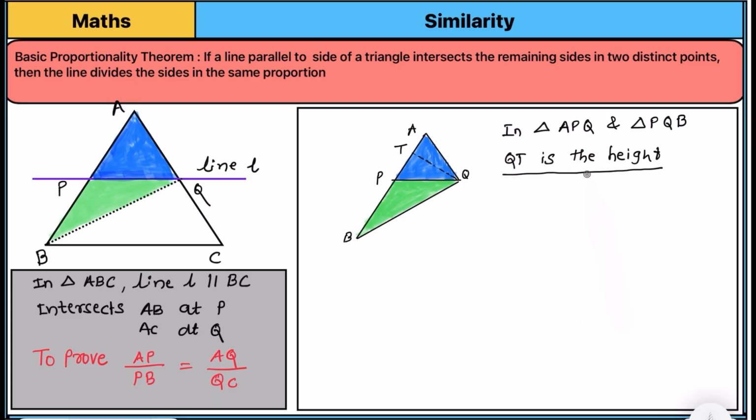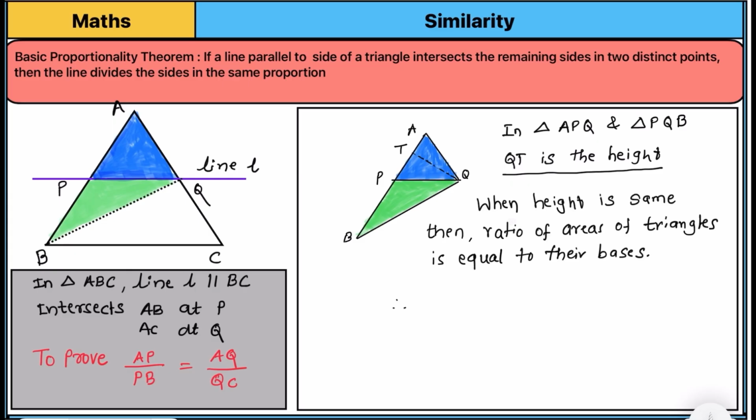Hence, QT is the height for both the triangles. And we have already seen, when the height is same, then the ratio of areas of triangles is equal to the ratio of their bases. Hence, area of triangle APQ upon area of triangle PQB is equal to AP upon PB, as AP is base for triangle APQ and PB is base for triangle PQB.